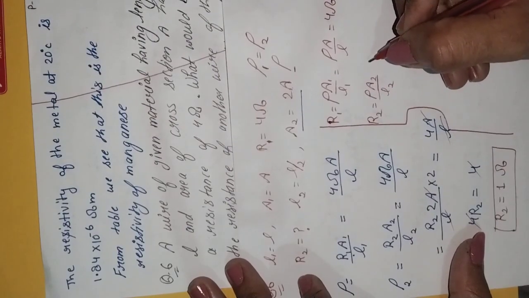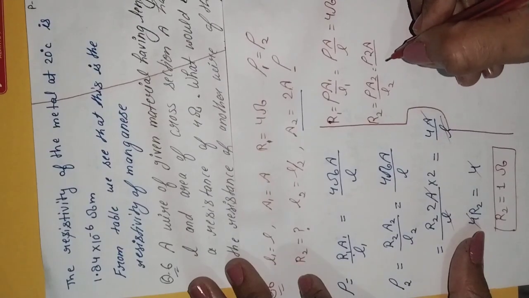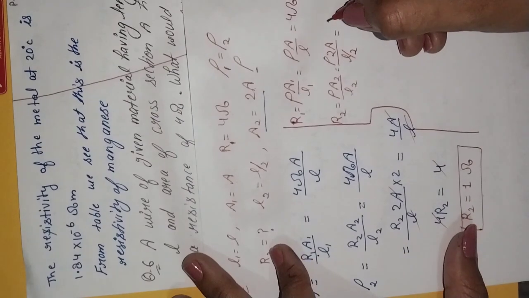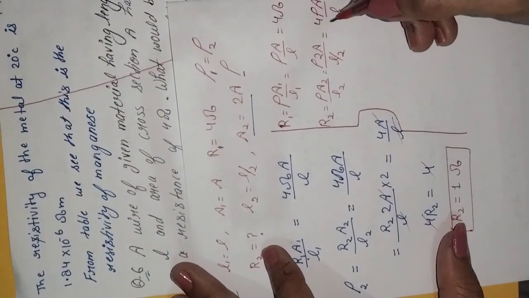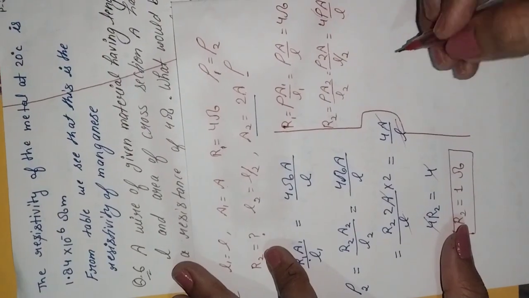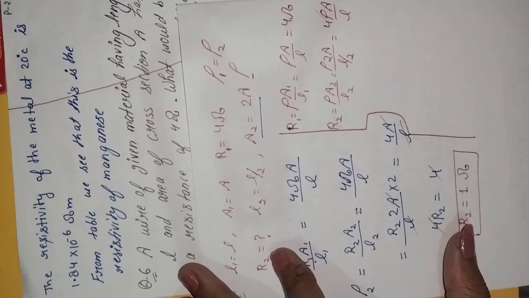A2 is 2A, equal to rho 2A by L, where the value is L by 2, and this 2 will go upside and it will become 4 rho A by L. And since this rho A by L and rho A by L are same, so we can put this value here. 1 second, there is a mistake.